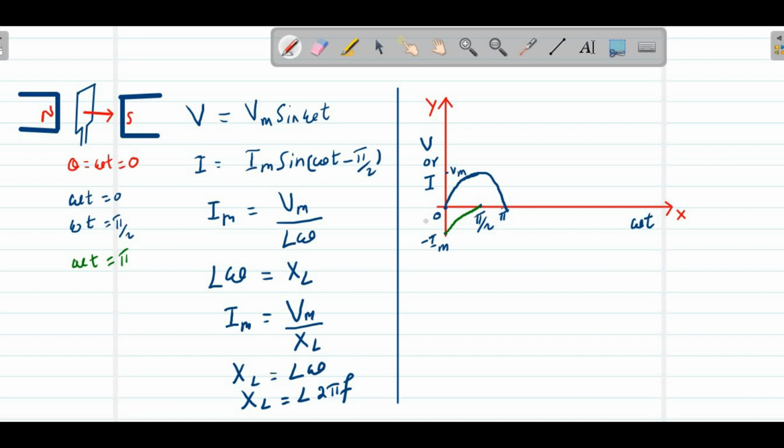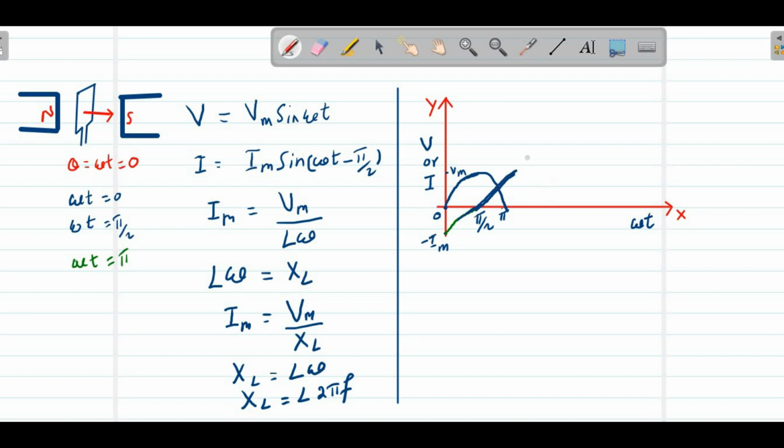But at the same time, if you apply omega t equal to pi in the second equation of current, omega t minus pi by 2 is pi by 2. Pi by 2 means 90, sin 90 is 1. Means current becomes maximum. So at the angle pi, the current goes to maximum value this way. Current is gradually increased to maximum value here.